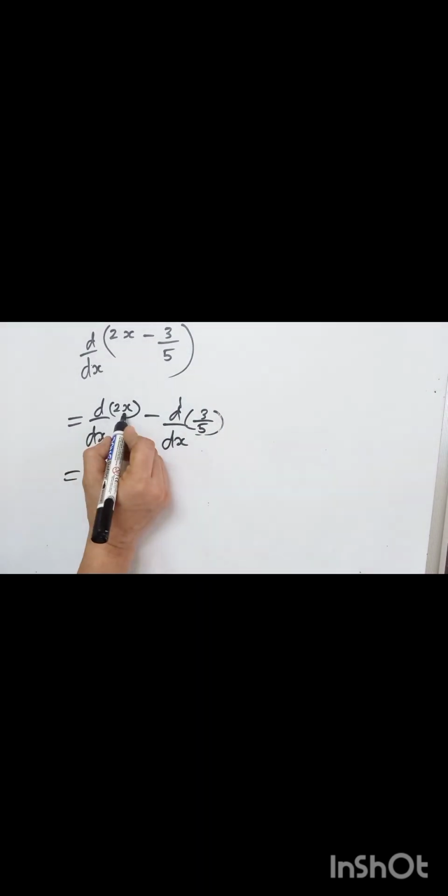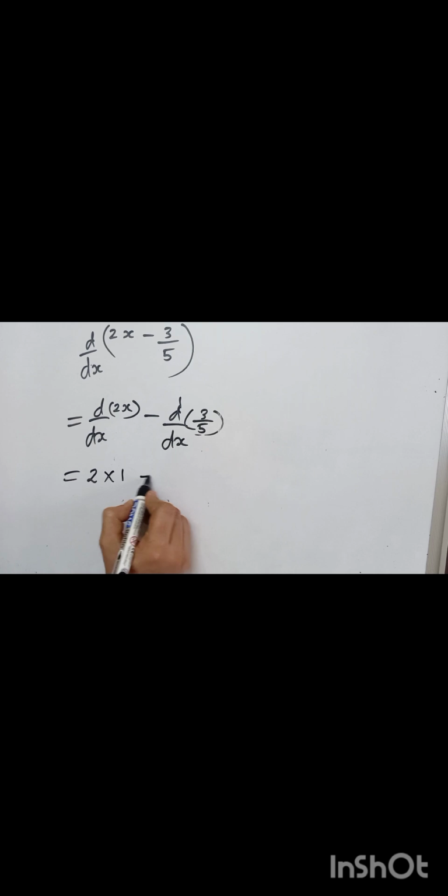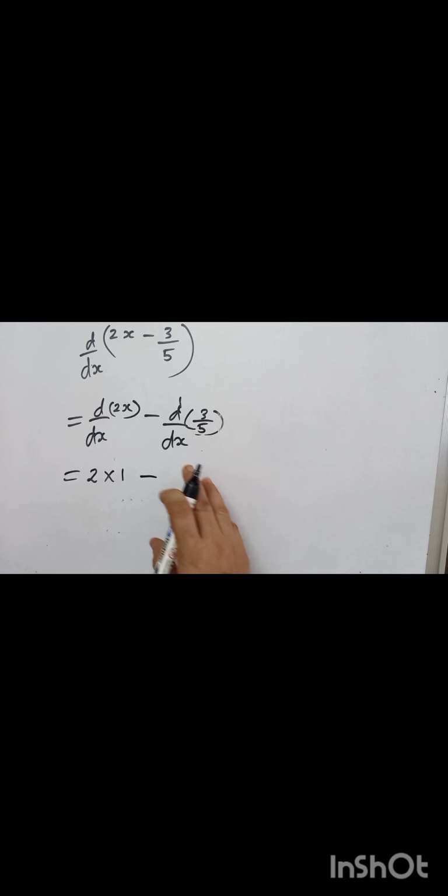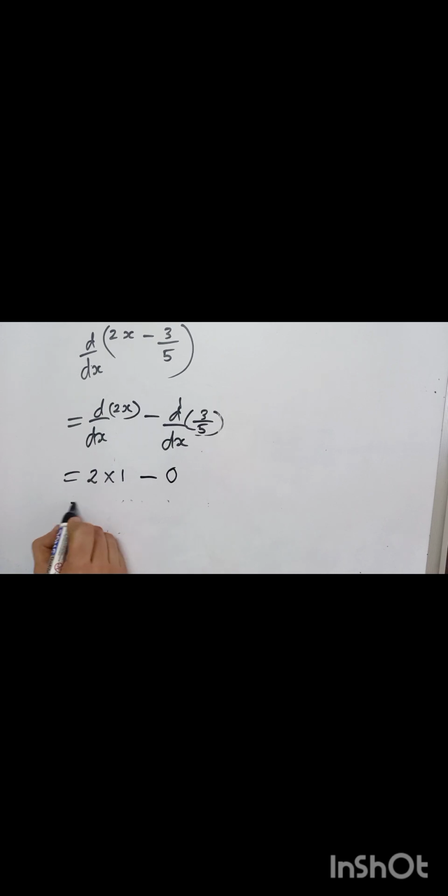So 2 into d by dx of x, it is 1, and this is a constant. If it is a fraction, a real number, an integer, anything, the derivative of a constant is 0. Okay. d by dx of 3 by 5 is 0. Now we will get 2 minus 0, and the answer is 2.